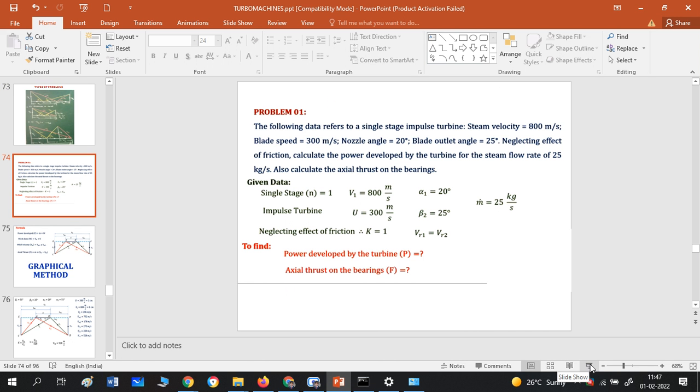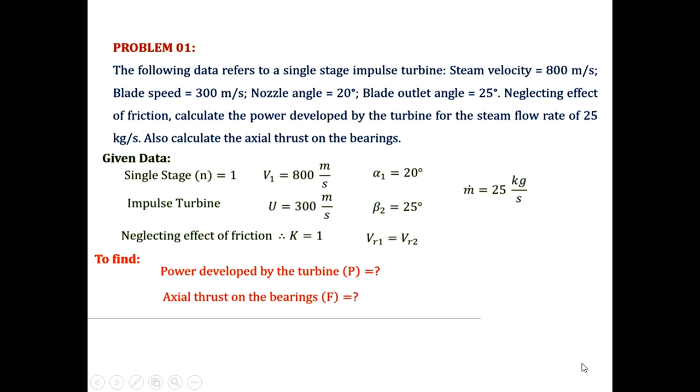Now we'll take the first problem. All of you can see the screen. Focus on the question, because in the exam or the test, only the question will be given.